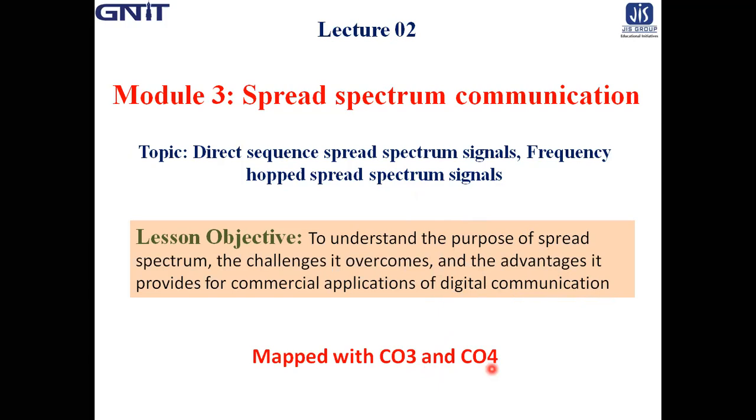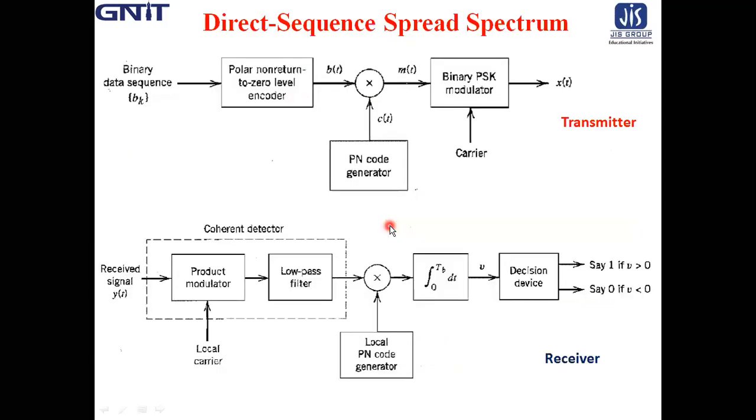So let us start lecture number 2 from module 3, that is spread spectrum communication, with the topic of direct sequence spread spectrum. This is the first figure, which depicts the transmitter of direct sequence spread spectrum.